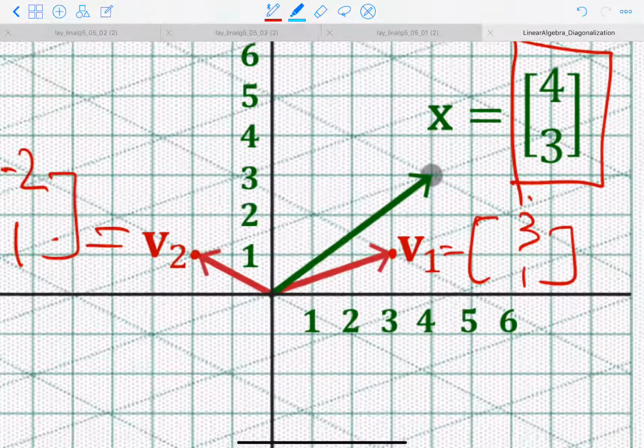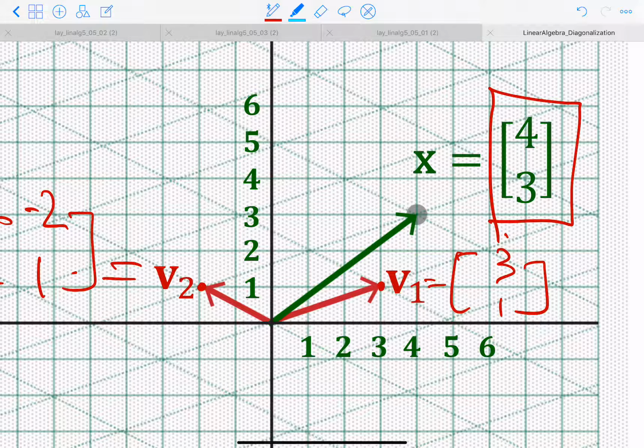Geometrically, we want to represent this x as the vertex of this parallelogram, where the two line segments are stretched by V1 and V2, right?